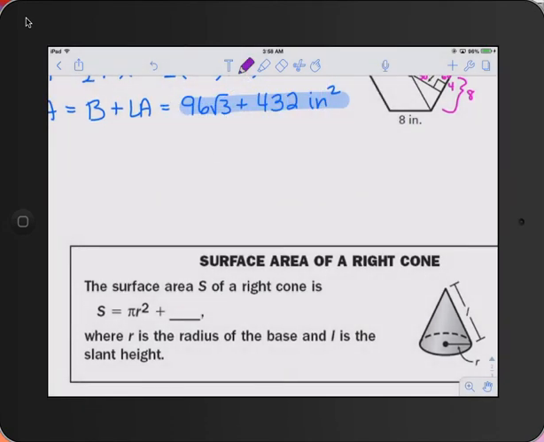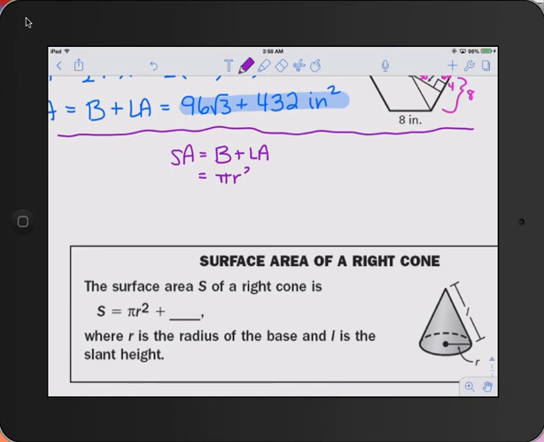For a cone, the surface area would be one base plus the lateral area, just like with a pyramid. And this time the base is a circle, so it would be pi r squared plus, and I'll put in 1/2 perimeter times the slant height, just like on a pyramid there.